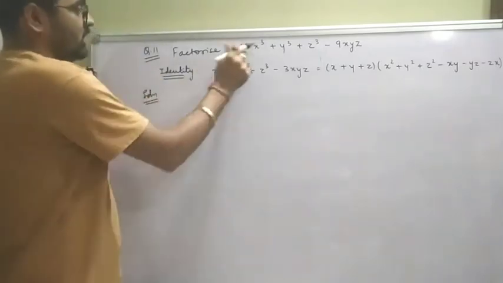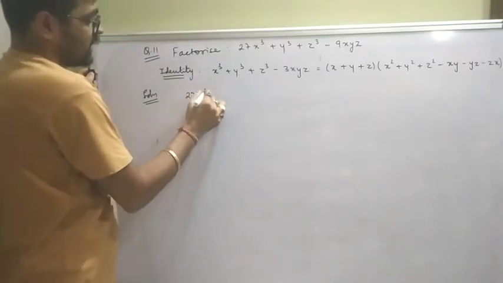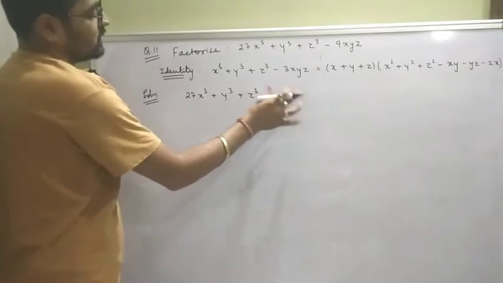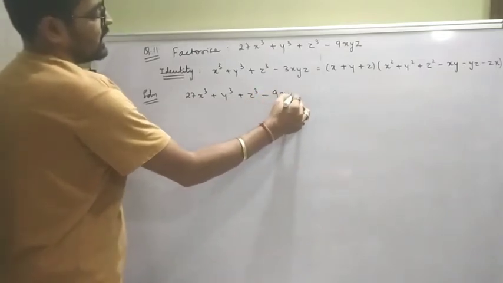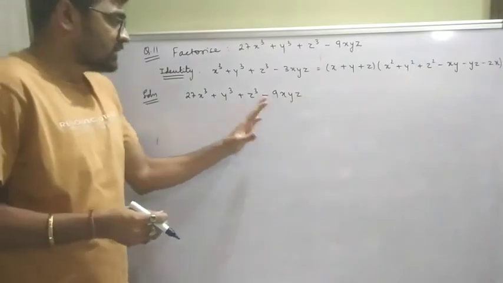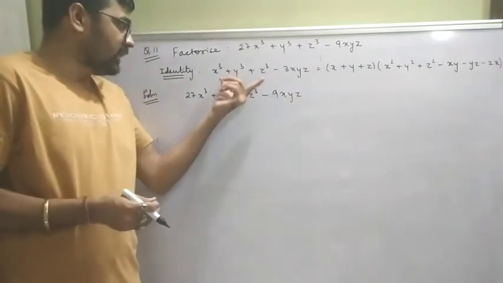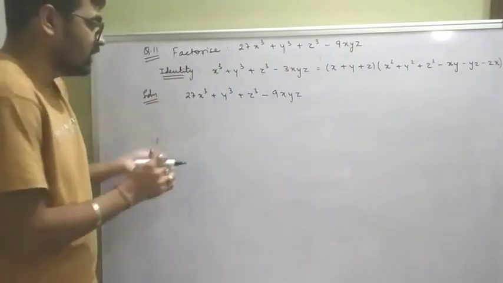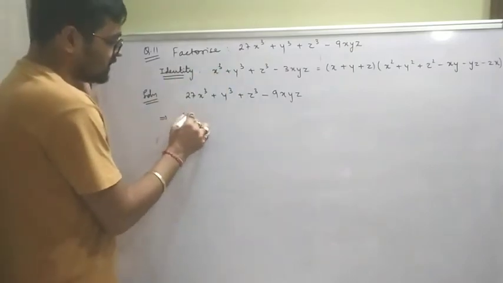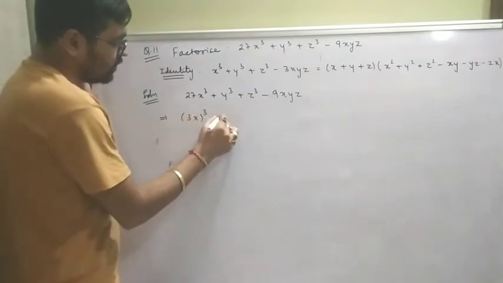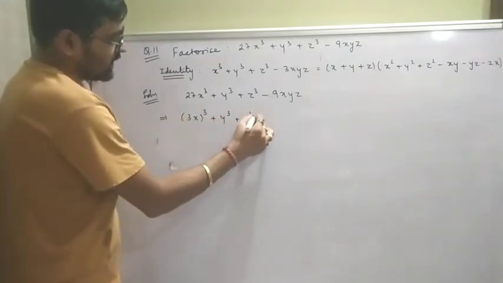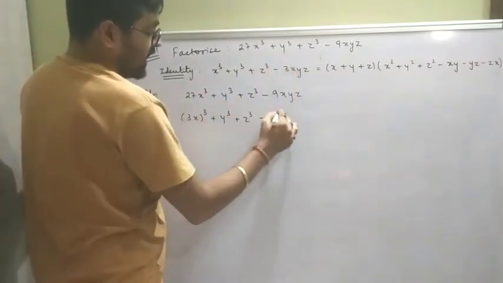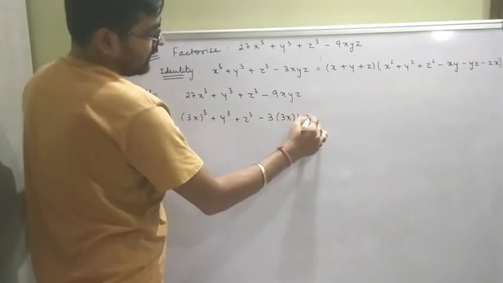Solution. This is the question: 27x cube plus y cube plus z cube. Sorry, this is not plus, this is minus 9xyz. Now first I want to write this particular thing in this way. I just need to make sure how this x can be written. So can I write this as 3x cube plus y cube plus z cube minus, as here instead of x we have 3x, then y and z.